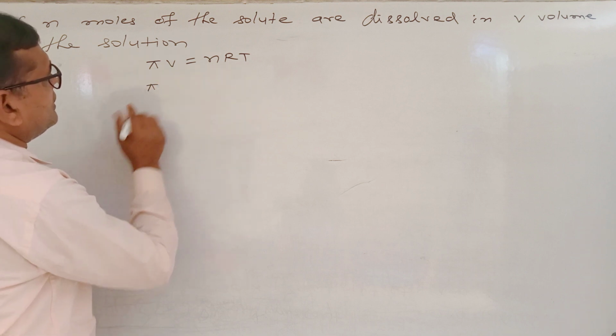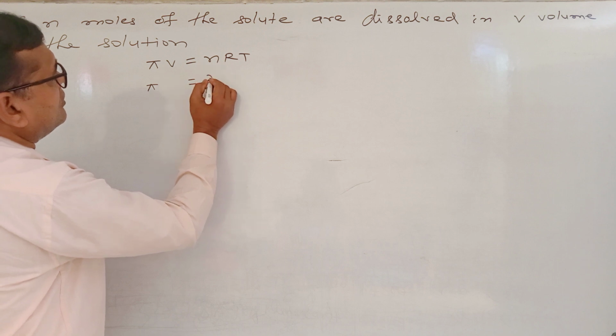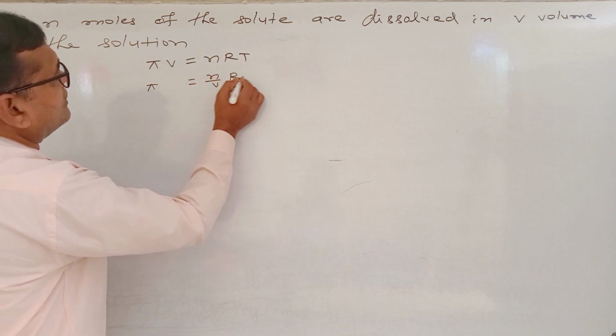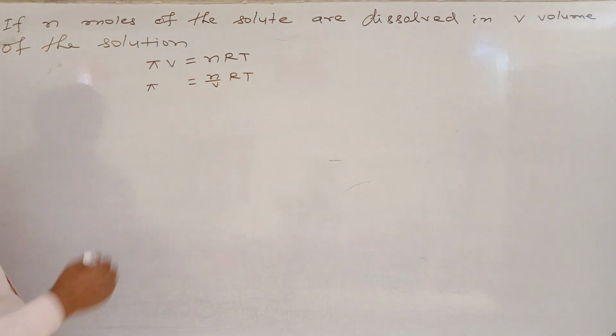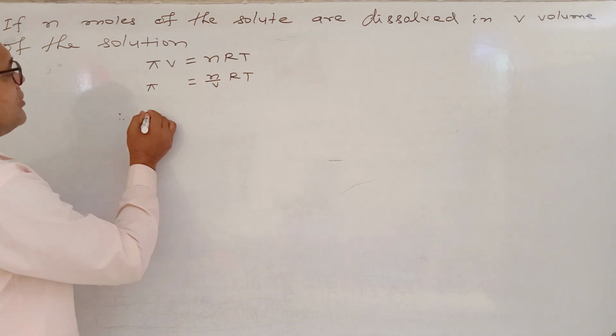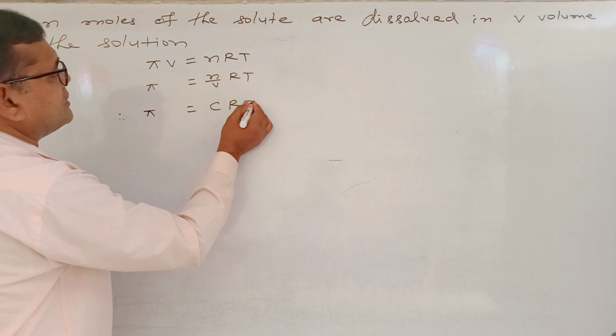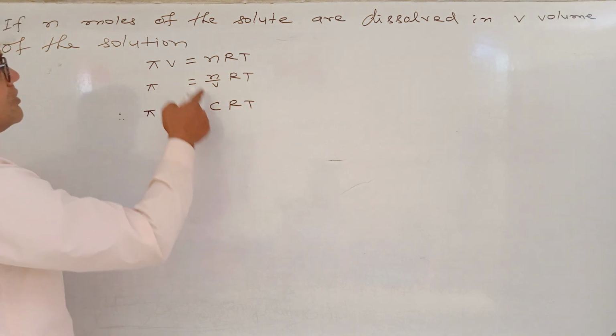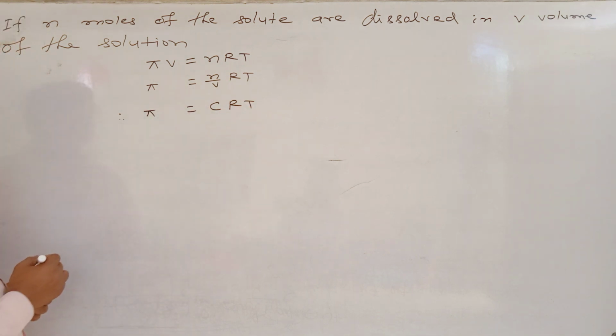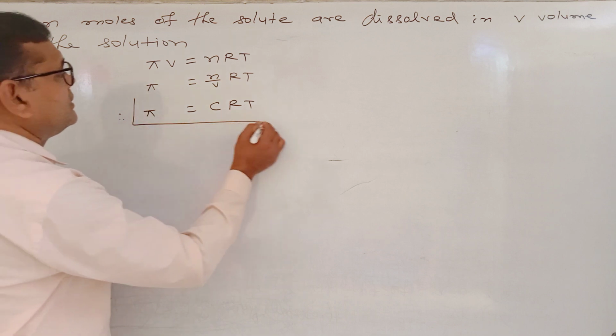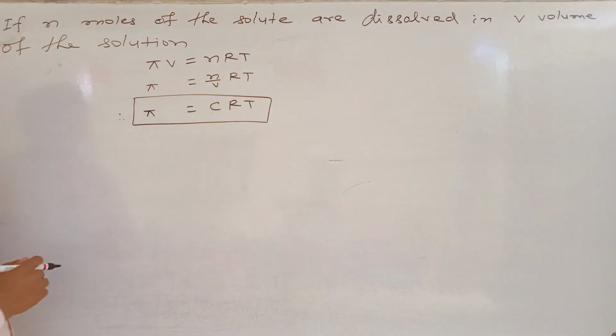Therefore we write pi is equal to n upon V into RT. Therefore pi is equal to CRT, where C is equal to n upon V. It is a formula of dilute solution.